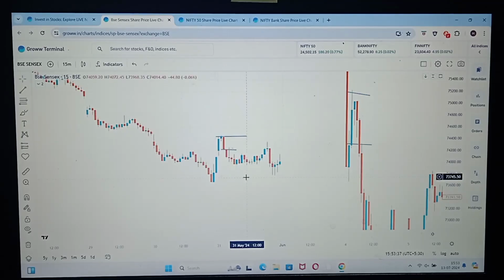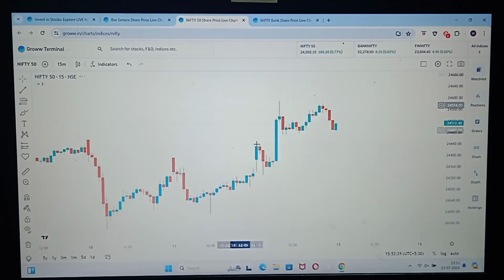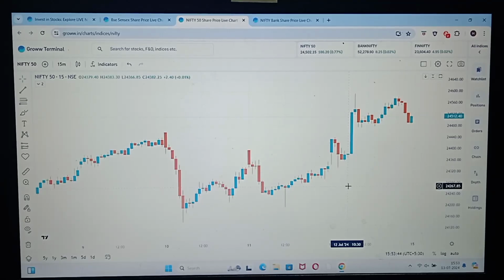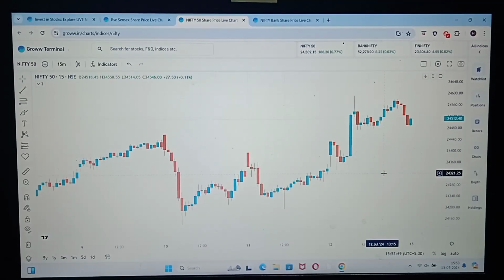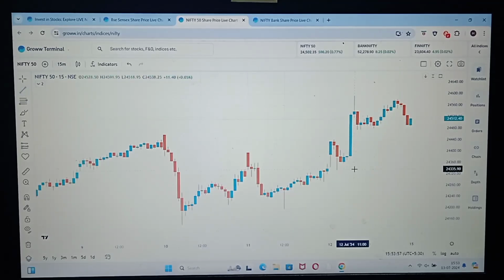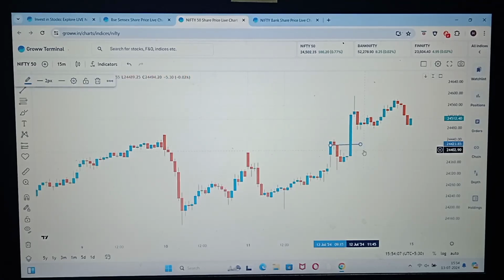We have seen Nifty Bank and Sensex. Let's see Nifty 50 for 40 days, 50 days we'll see, and then we'll end this session. So we have the 15 minutes time frame in the candlestick chart. On 12th of July 2024, this was the 15-minute candle, marking the high and low.